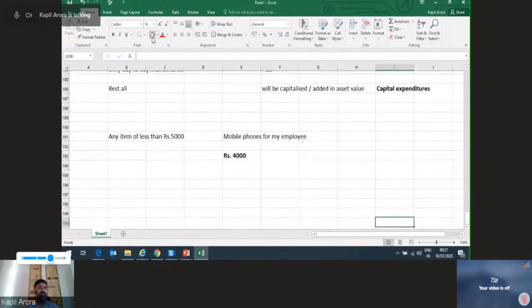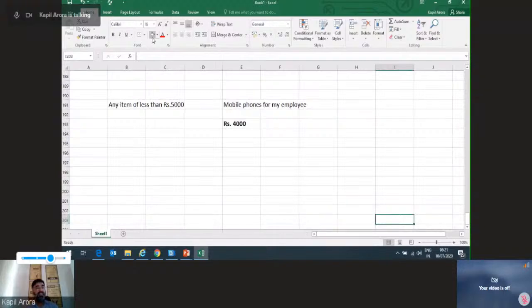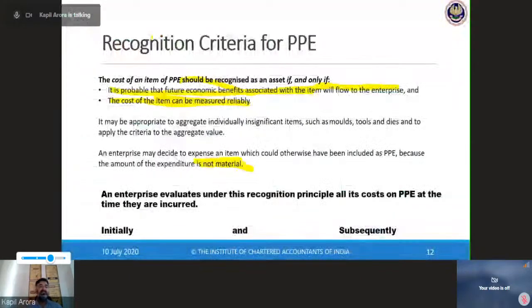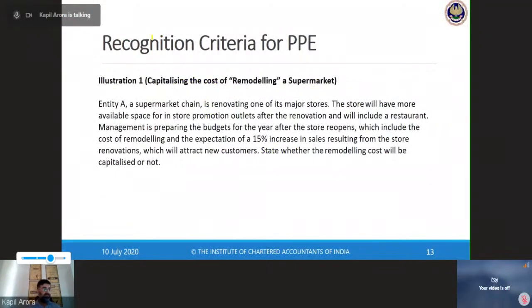If yes, that is capital in nature. If no, that is revenue in nature, right? Hope this is fine, right? So we are talking about that non-material items will be charged off to the profit and loss account. Okay. Repair expenditure is carried to profit and loss account. Okay. If a machine needs any replacement, then we will be coming to that part.